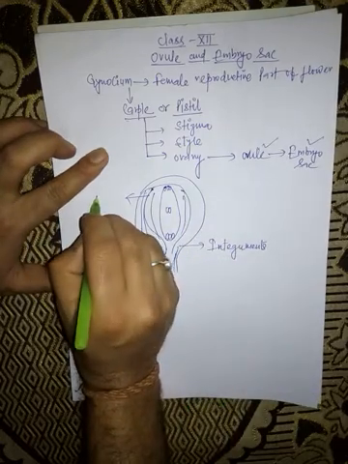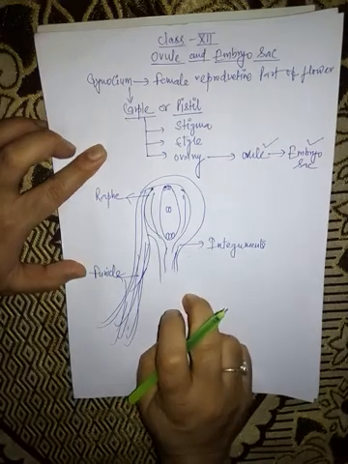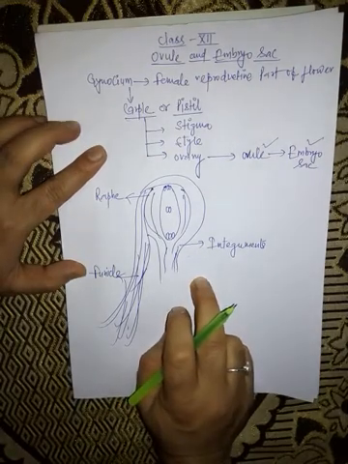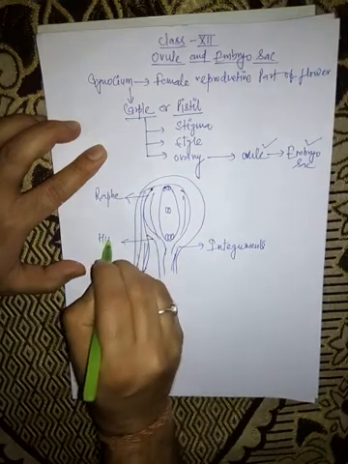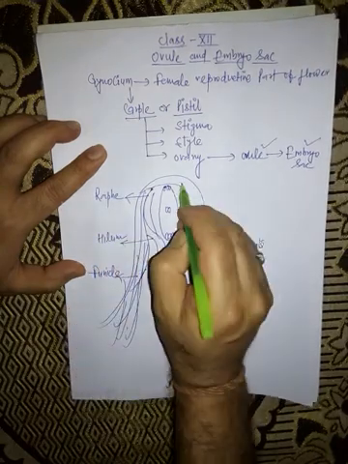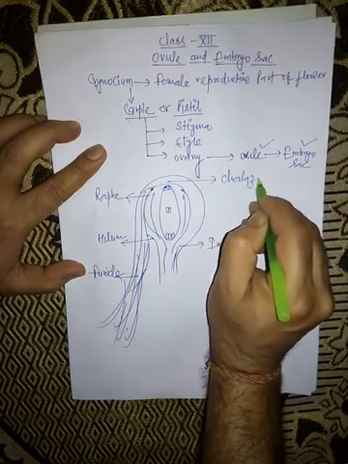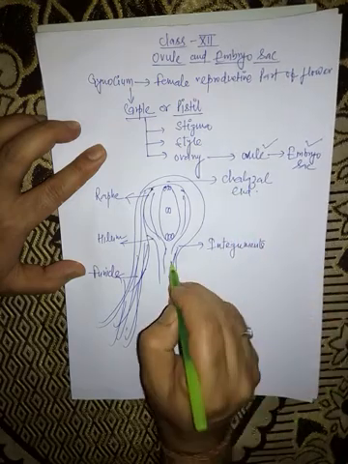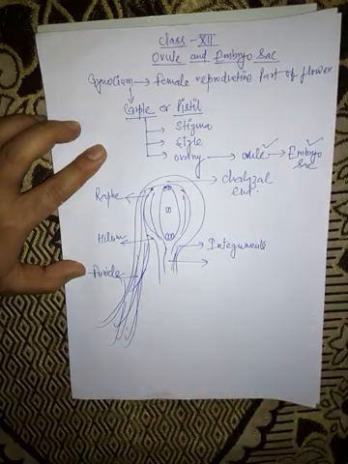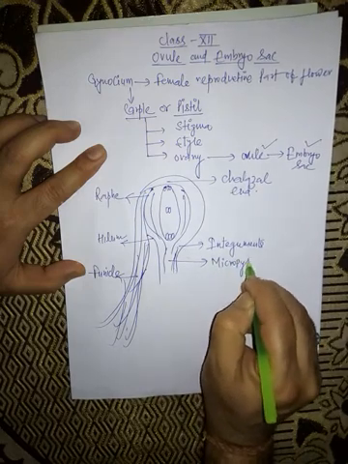This is called raphe, right? And the part where this is attached is called hilum. This end is called chalaza, and this opening is called micropyle.